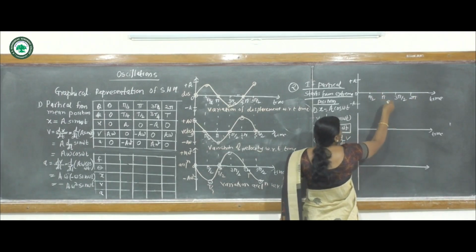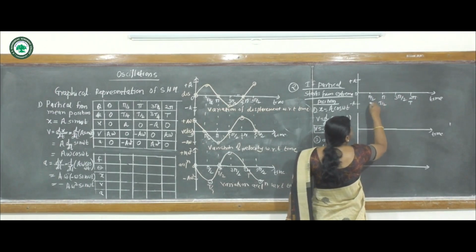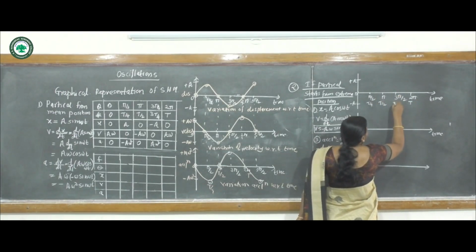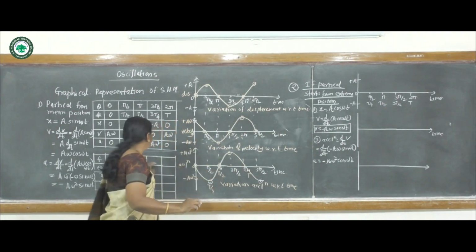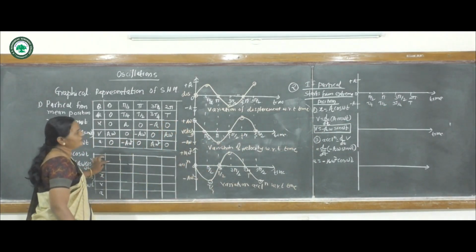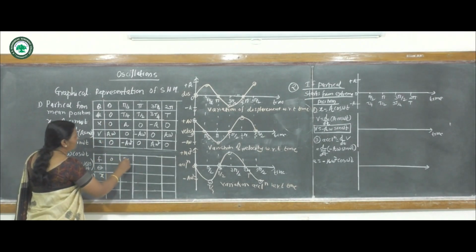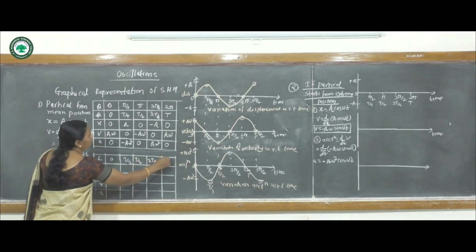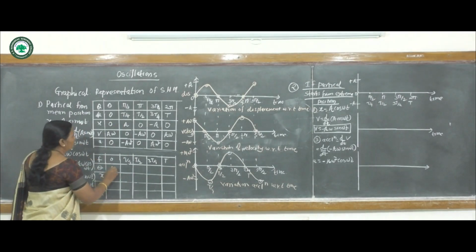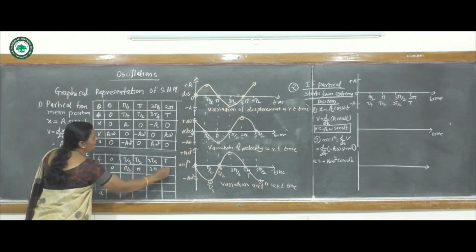The time can be written as T, T by 2, T by 4 and 3T by 4, etc. From this we take the table: the times are 0, T by 4, T by 2, 3T by 4 and T, and the angles are 0, pi by 2, pi, 3 pi by 2 and 2 pi.